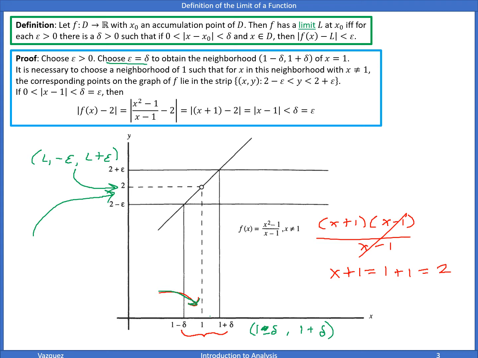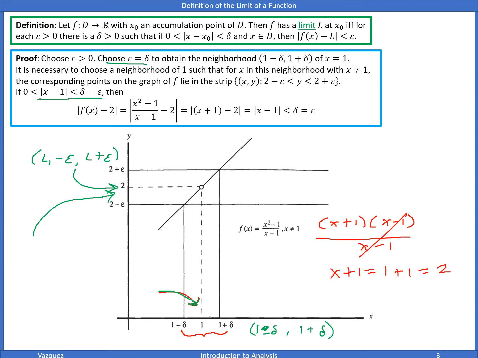So we carry out the definition. The absolute value of f of x minus L, which we're guessing is 2, is equal to (x squared minus 1)/(x minus 1) minus 2. That simplifies to the absolute value of x plus 1 minus 2, which is just equal to the absolute value of x minus 1. And we know that is less than delta because of this over here, and it's equal to epsilon.